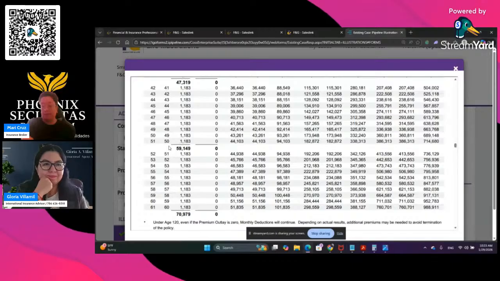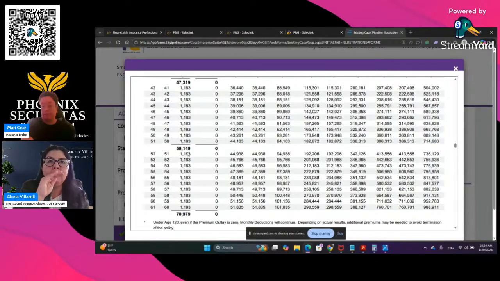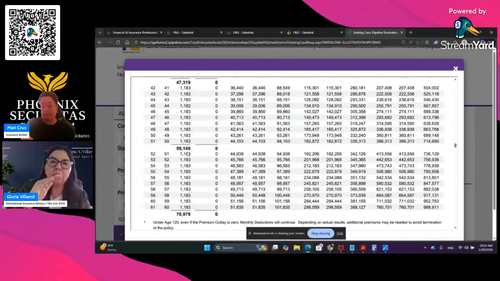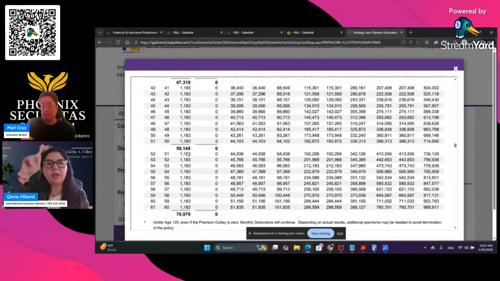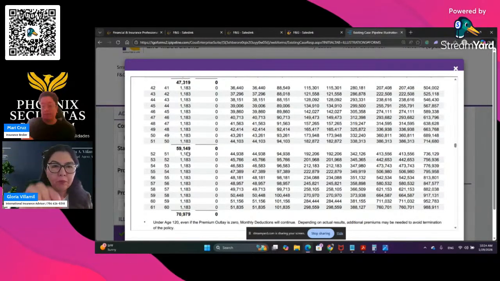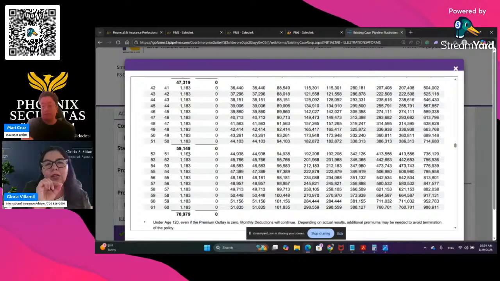So now let's talk about this baby, who is 51 years old. What happened? At 51 years old, we continue with the same payment. Remember, the amount that you set when you close the contract at the beginning is the amount that you pay for the rest of your life. There is no increase. You pay $59,000 at 50 years of the program.